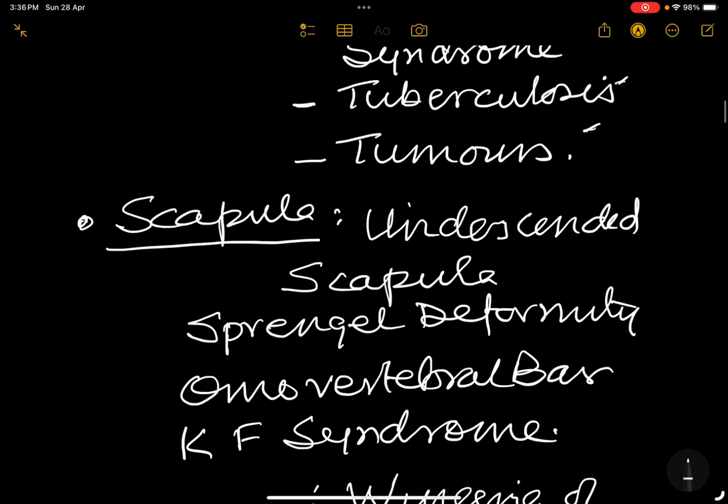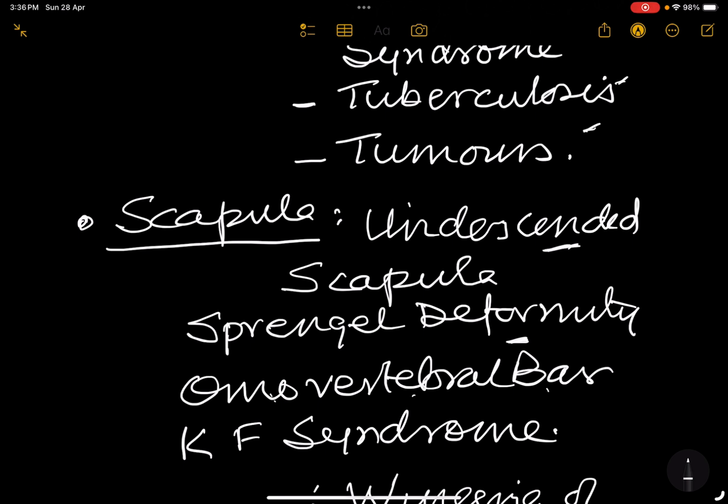The scapula basically descends, and if the levator scapulae, which lifts the scapula, is fibrosed or short, then the scapula doesn't descend, it is undescended, and it leads to high shoulder, which is the Sprengel deformity. When the levator scapulae becomes bone, then it is called the omovertebral bar.